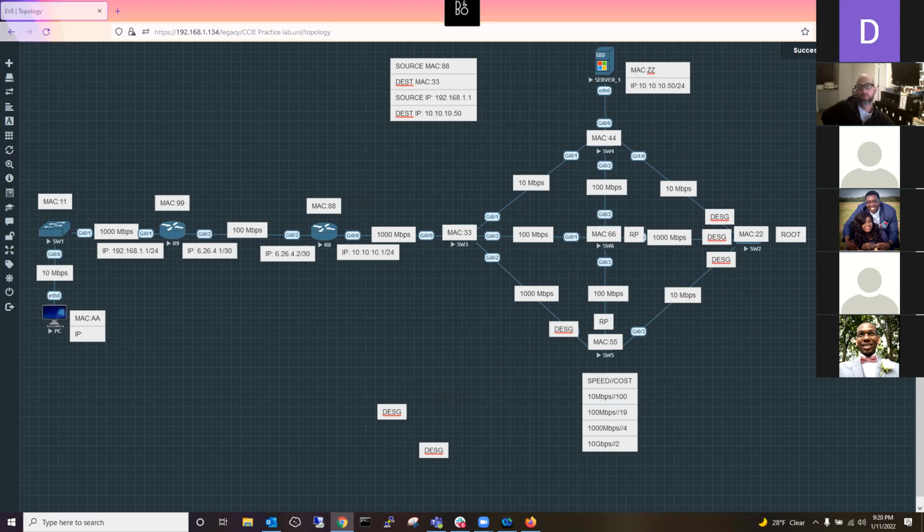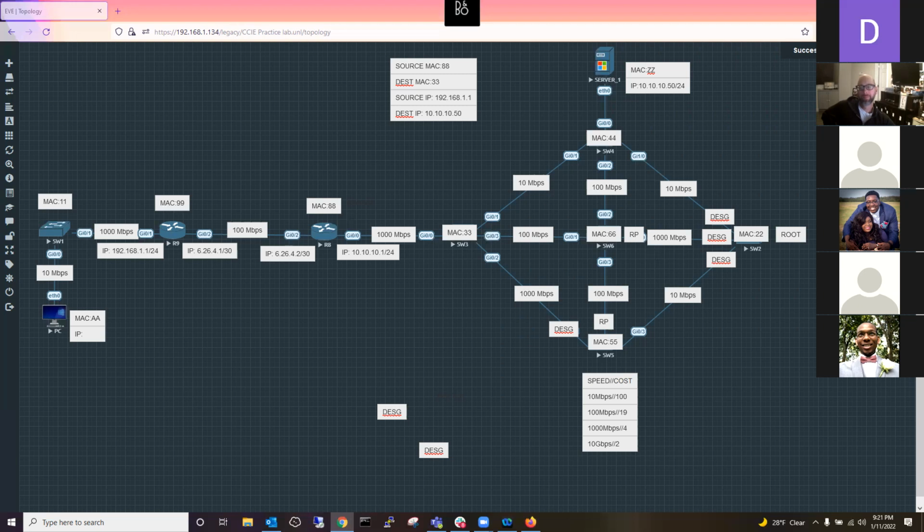So Lamar, you've identified your root port. Now let me ask you this: as Mr. Anderson says, your root port is your way back home, so what is on the other side of a root port? The designated port.